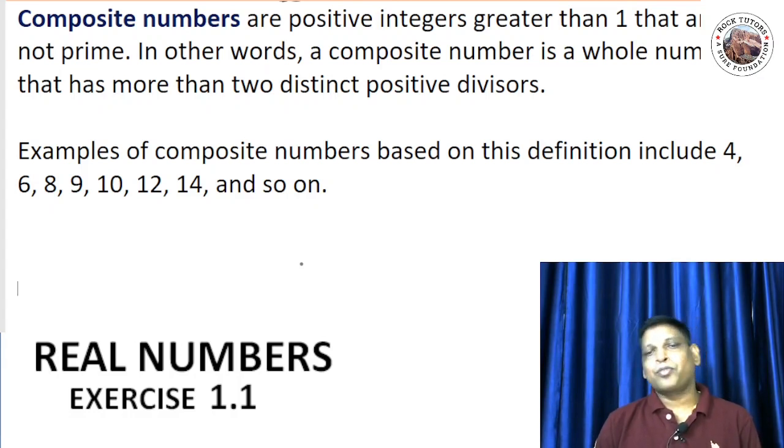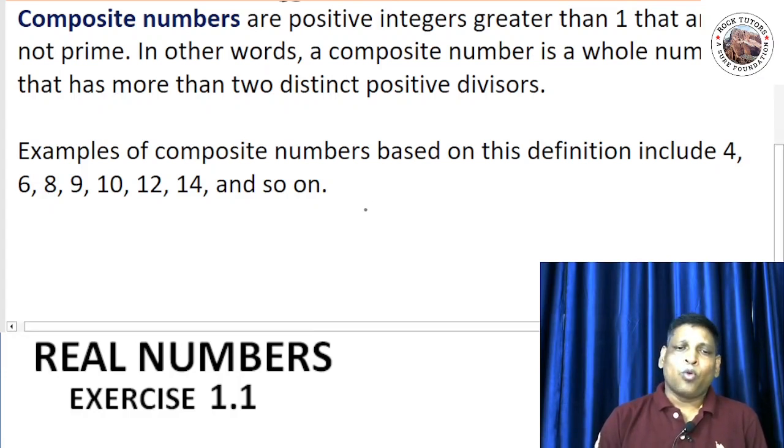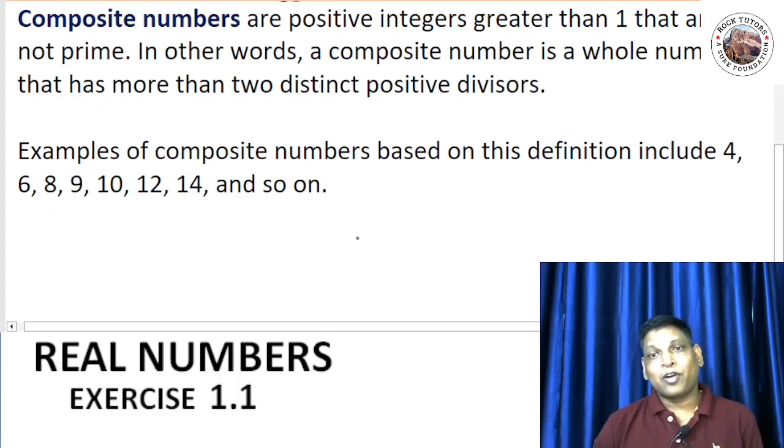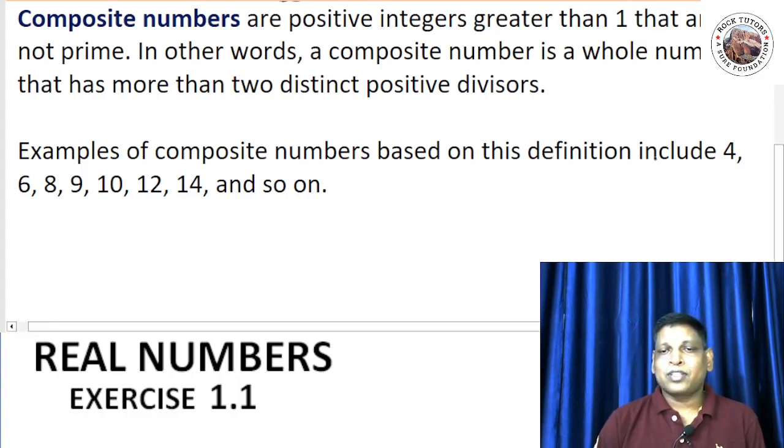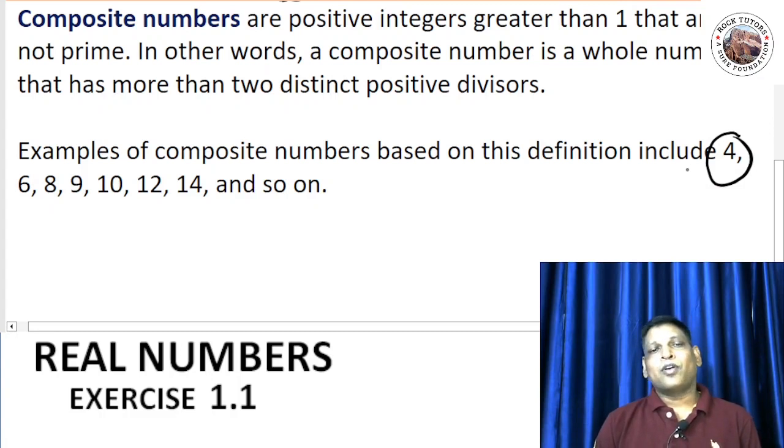Examples of composite numbers: 4, 6, 8, 9, 10, 12, 14 and so on. I can ask one question: what is the smallest composite number? It's 4. 4 is the smallest composite number.